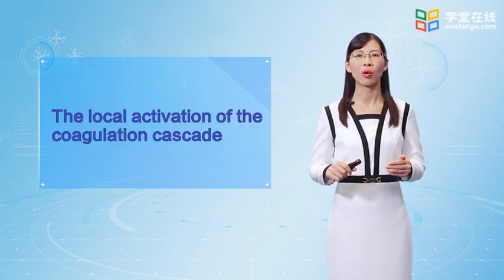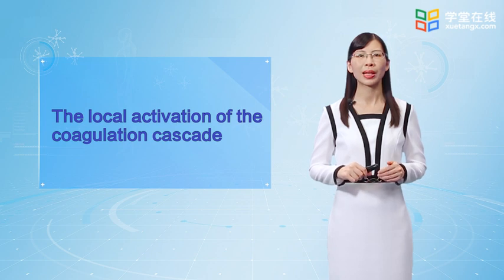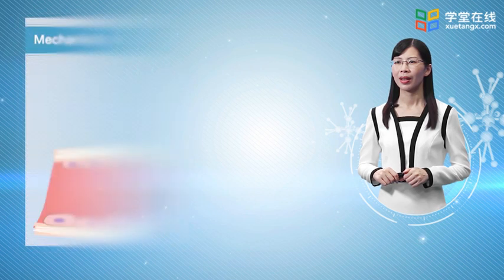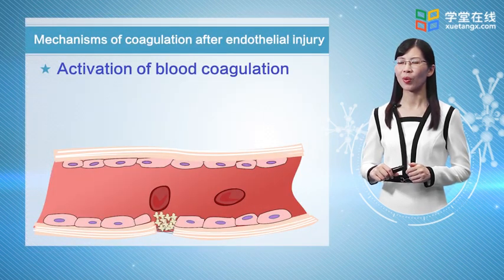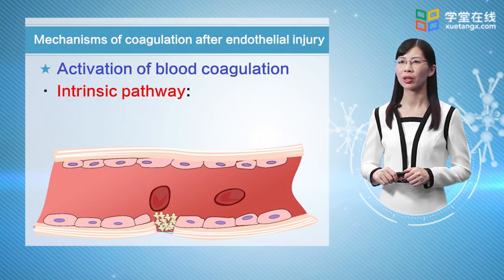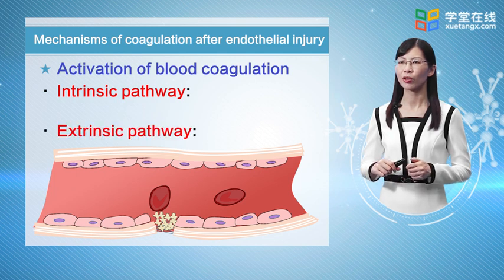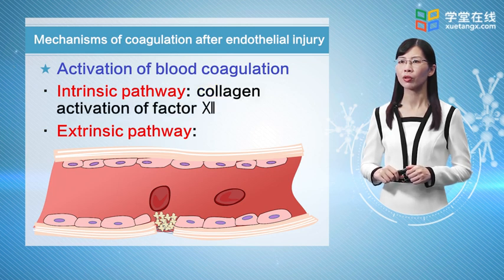This brings us to the second important process of coagulation, the local activation of the coagulation cascade, which leads to thrombin production and fibrin polymerization. Activation of blood coagulation involves both the intrinsic and extrinsic pathways. The intrinsic pathway is initiated by collagen activation of factor 12.